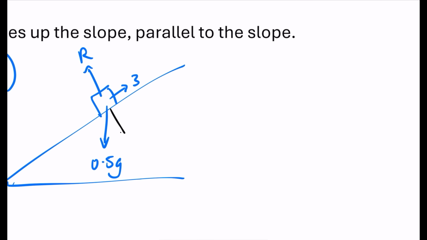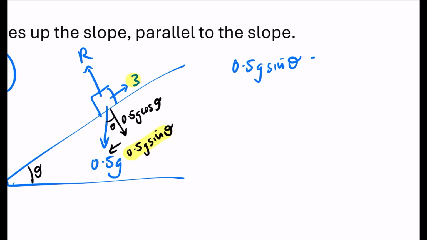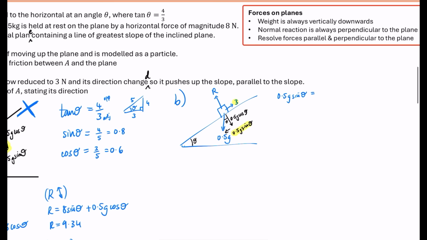So this 0.5 G, we know from before, when this was theta, this was 0.5 G cos theta, 0.5 G sine theta. And so the thing I'm interested in is which is bigger, the 3 or the 0.5 G sine theta. Those are the ones that are at war with each other. One's trying to go up, one's trying to go down. So if I very quickly work out 0.5 G sine theta, remember that we have sine theta is 0.8.